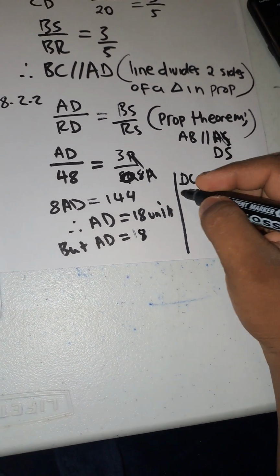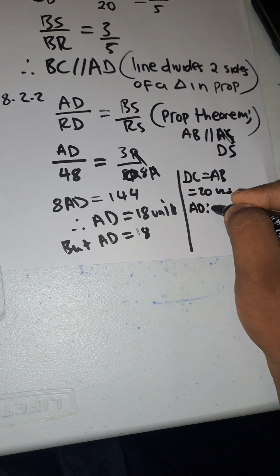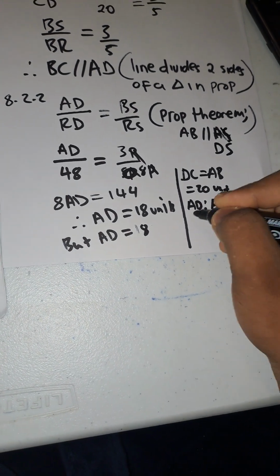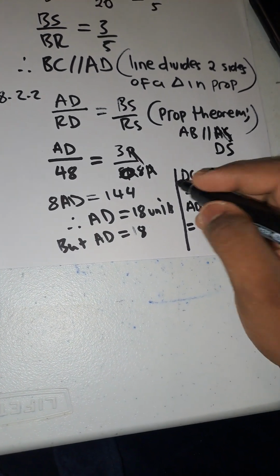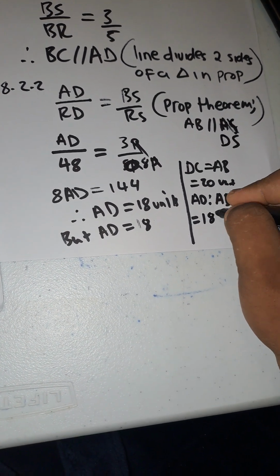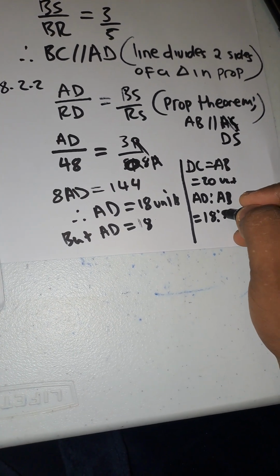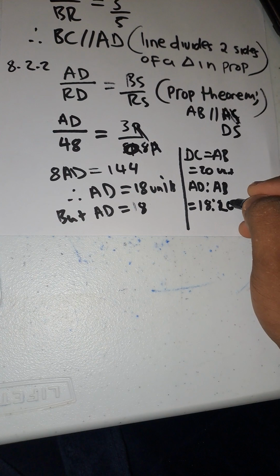And therefore my ratio will be AD is to AB. When I'm going to represent it, what is my AD there? It will be 18 is to 20. You see?